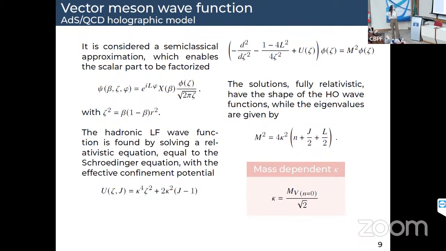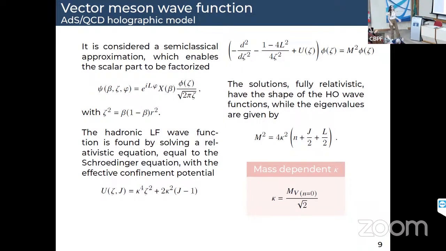With this, we can use an effective confinement potential and solve a Schrödinger-like equation to obtain wave functions that have the shape of harmonic oscillator wave functions. And we find eigenvalues that will be the vector meson mass squared.